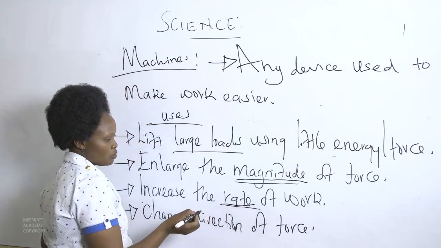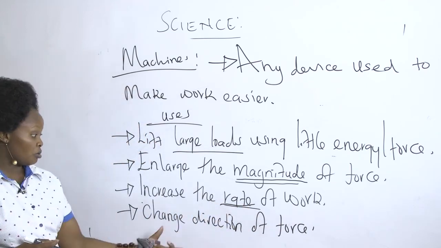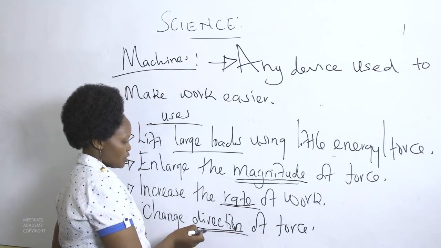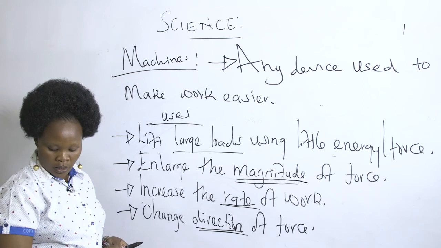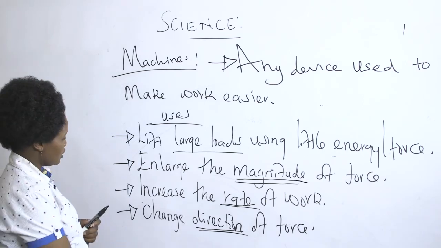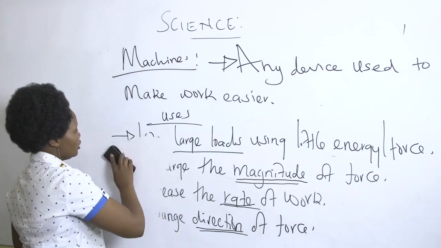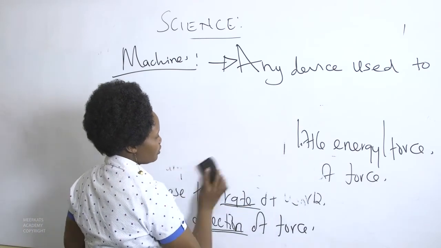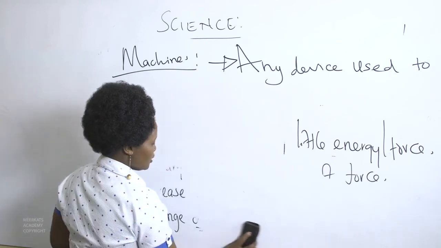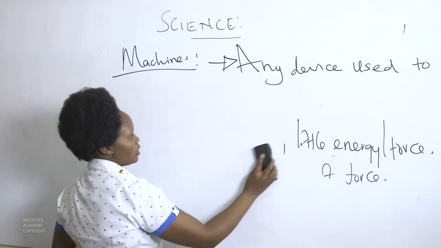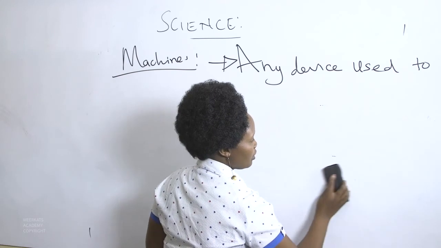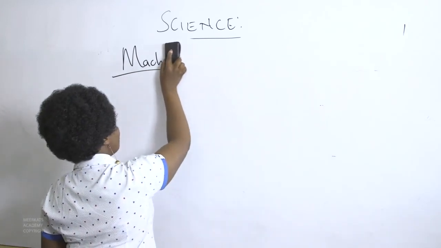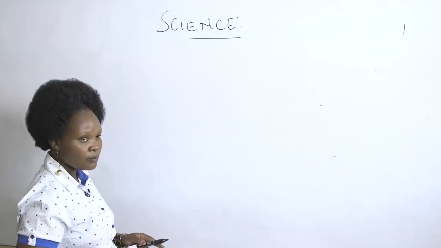You will have to use a machine or probably even change direction of force. You can use the machine to do that. Now, before we look at the types of machines that we have, let's look at a few terms that we are going to interact with in the course of studying our machines.